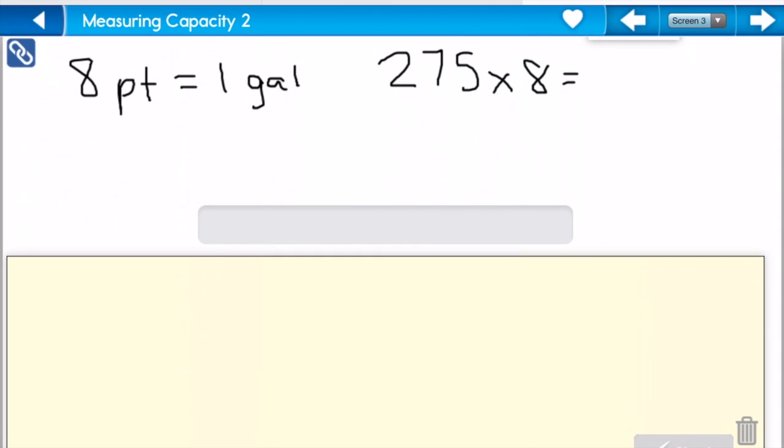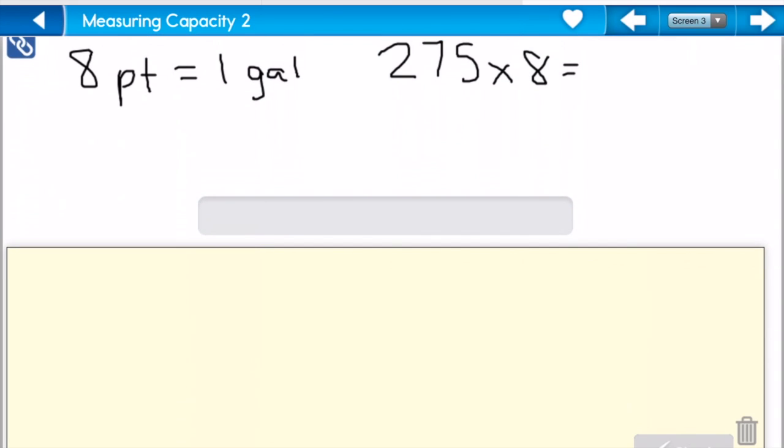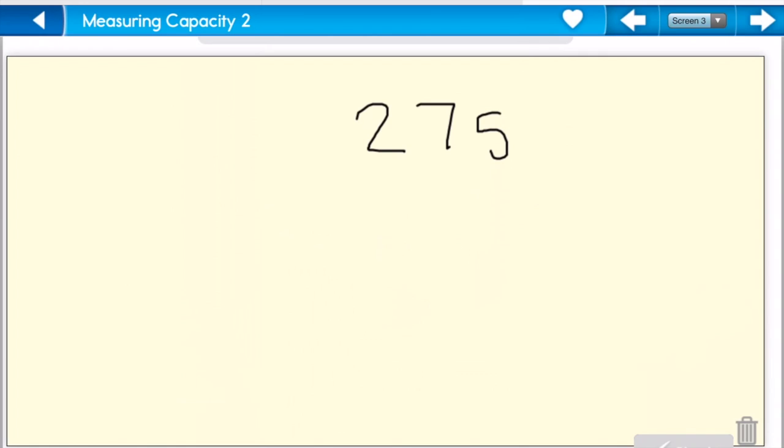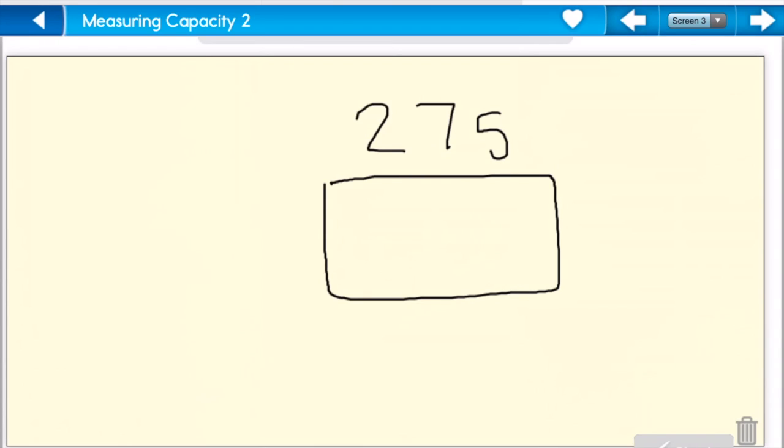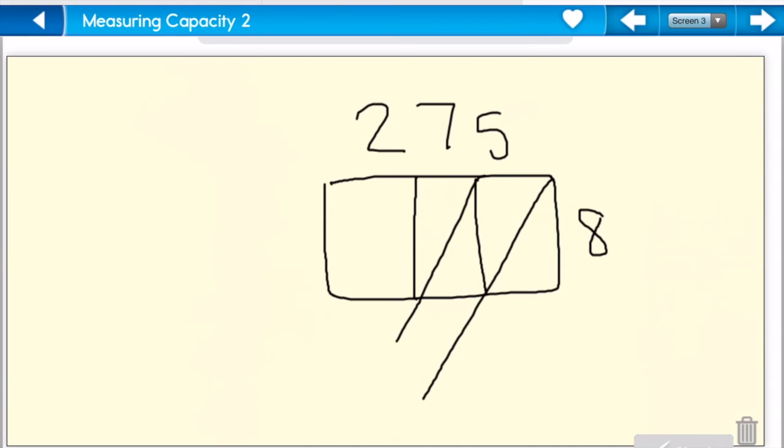I'm going to draw a lattice box down here. What's 5 times 8? It'd be 40. What's 8 times 7?